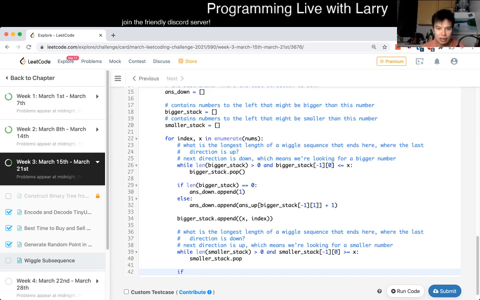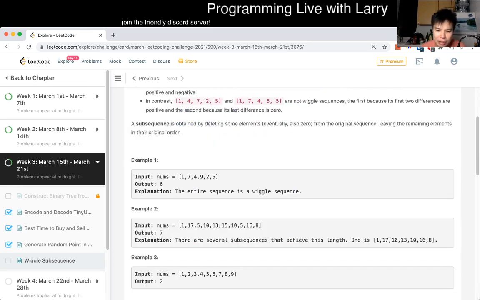This may be wrong actually, because this is conceptually right, but I'm unsure that this gives us the right answer.